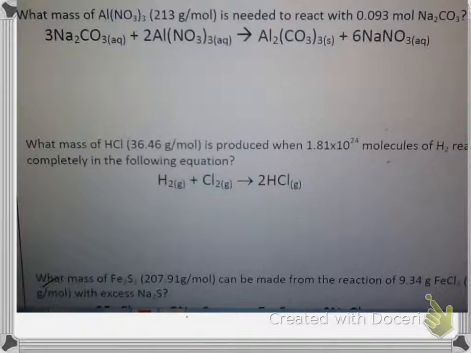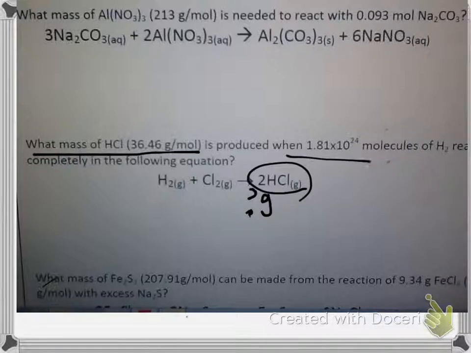Okay. So this problem says what mass of HCl, mass is grams. So we want to know how many grams of HCl we're going to make. Is produced when 1.81 times 10 to the 24th molecules of hydrogen. So here's our hydrogen. We're given 1.81 times 10 to the 24th molecules of the stuff.